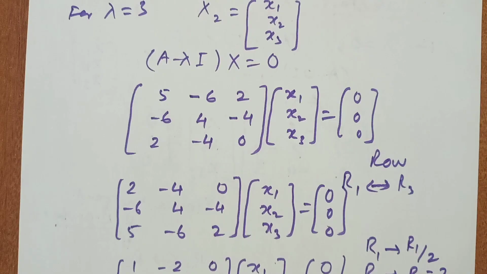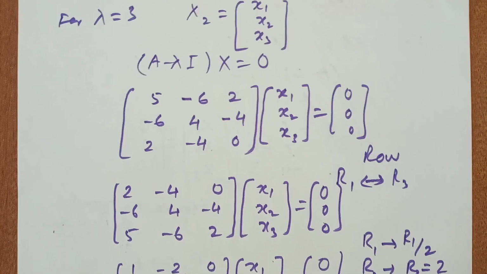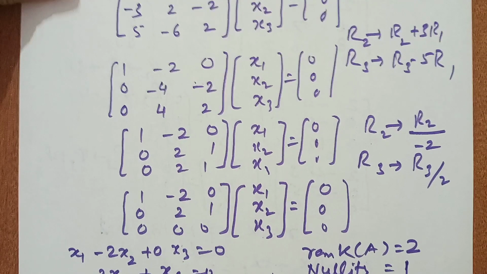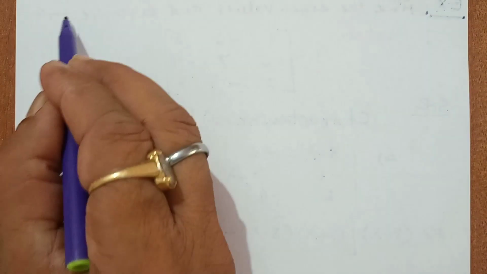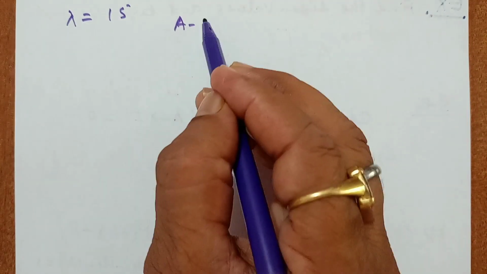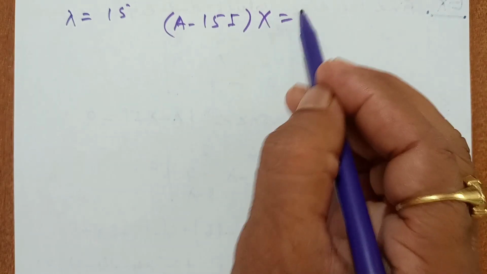Okay, this is very easy, we will use only row operations and make all the elements below the diagonal 0. So we calculate the eigenvector for the next eigenvalue. For lambda is equal to 15, (A minus 15I)x equal to 0.